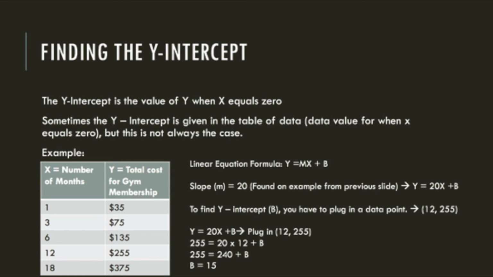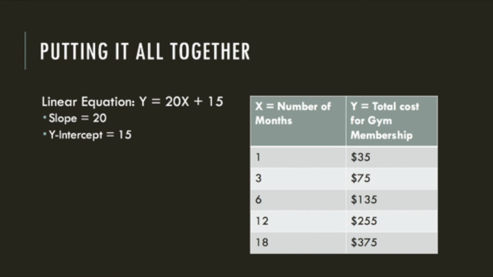Then I plugged in data point (12, 255) and got 255 equals 20 times 12 plus b. This is an equation that can be solved. The y-intercept is 15. We now know the slope and y-intercept, so we can plug those values into the linear equation formula. The final equation is y equals 20x plus 15.